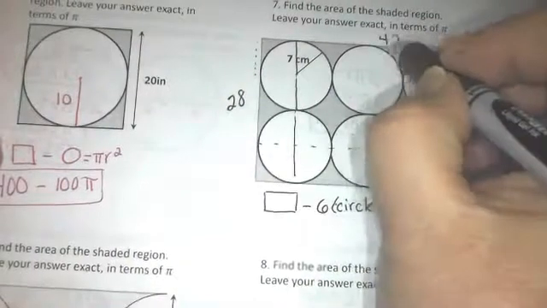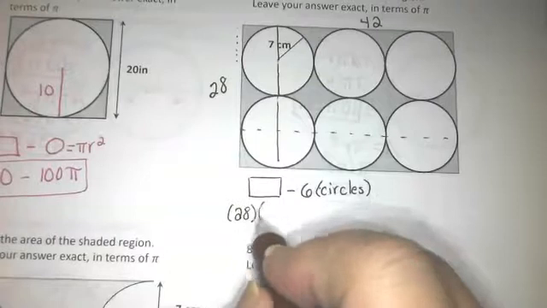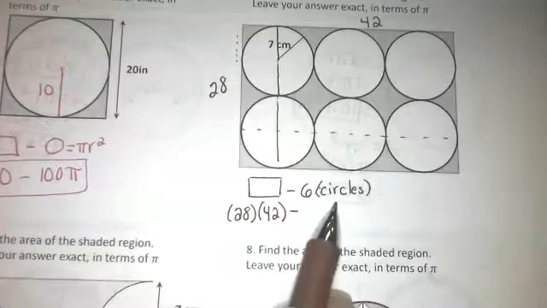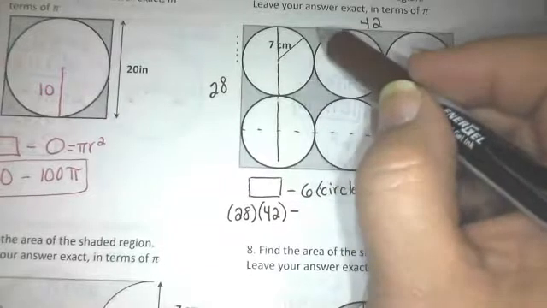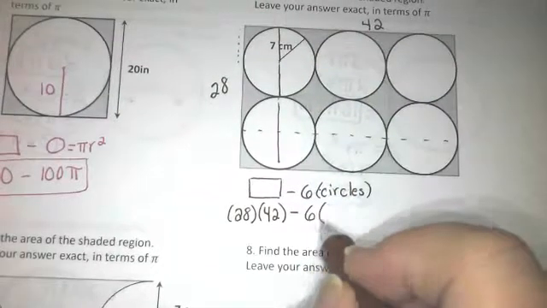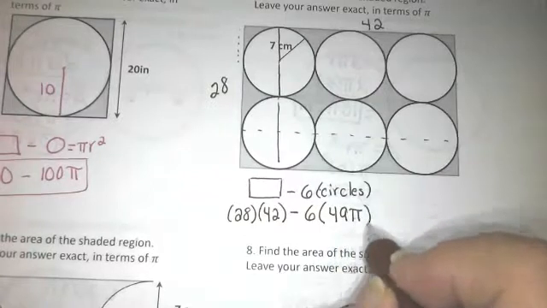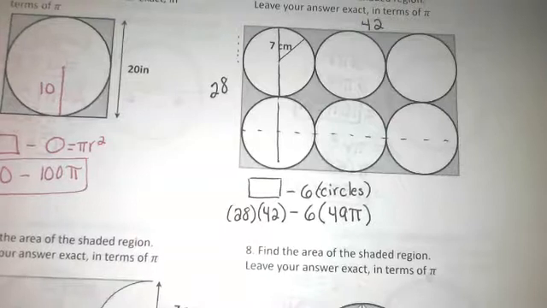Okay. So the area of my rectangle is 28 times 42. And my circles, the radius of one circle is 7. So 6 of those would be 6 times 49 pi. So you just tackle it one little piece at a time.